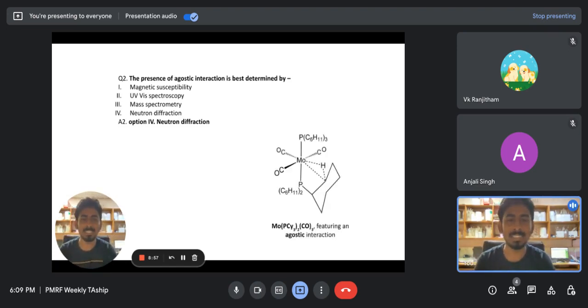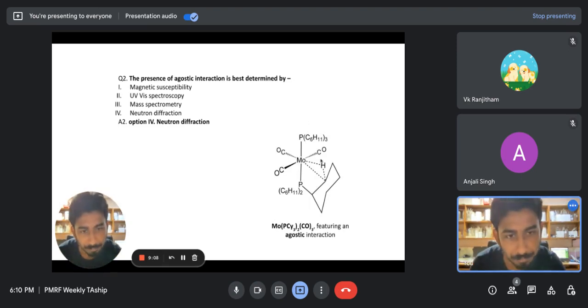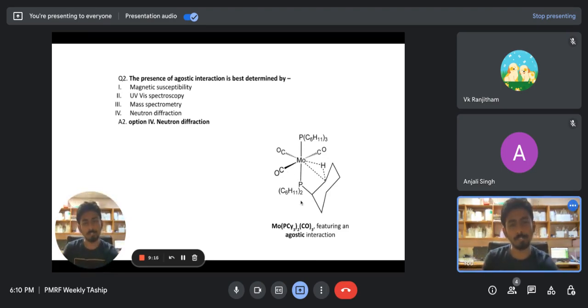So here is a classical molybdenum molecule, Mo(PCy3)2(CO)3, featuring an agostic interaction. You can see that two PCy3 molecules are bound to molybdenum, and the other three ligands are CO. Now you can count the total valence electrons of the complex.